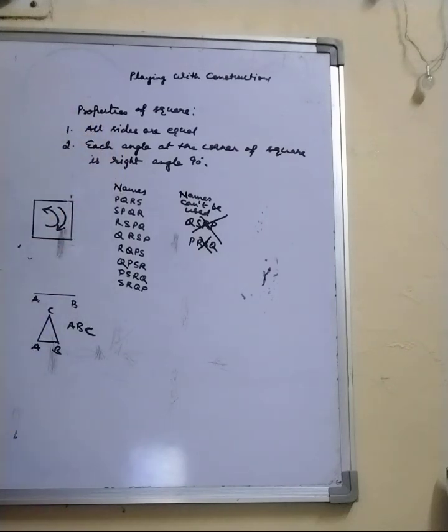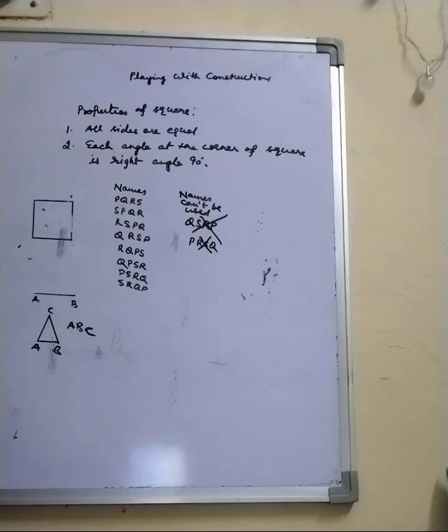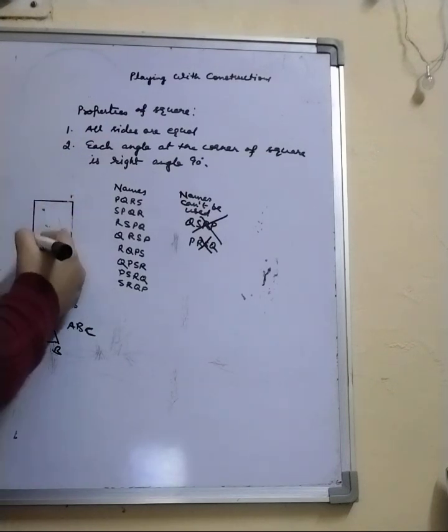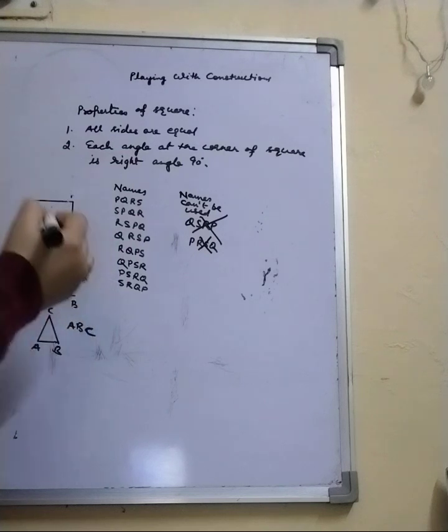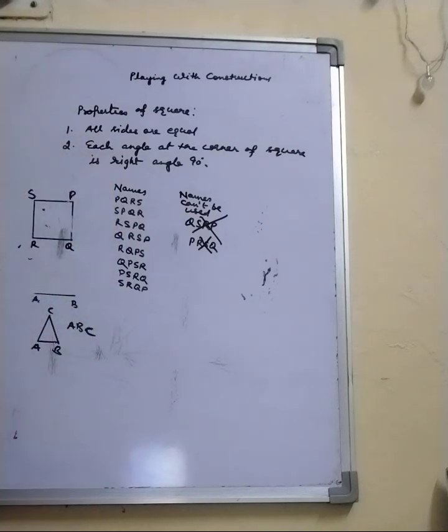Suppose I take this same figure of a square. The naming is R, Q, P, and so on. They have given you four options, so you have to see which one of them is not correct. P, Q, S, R.